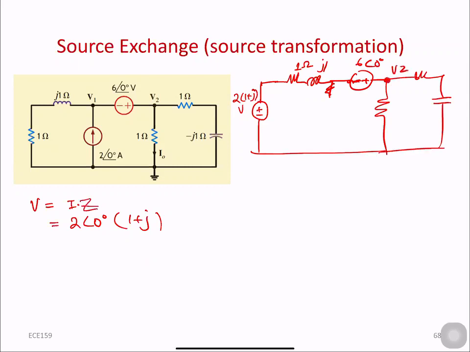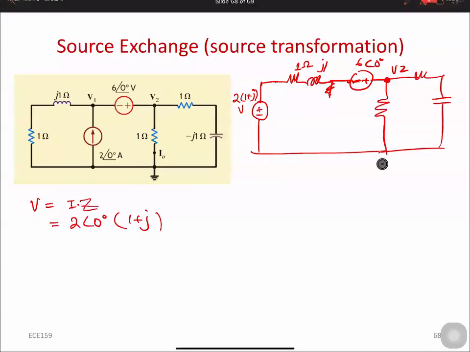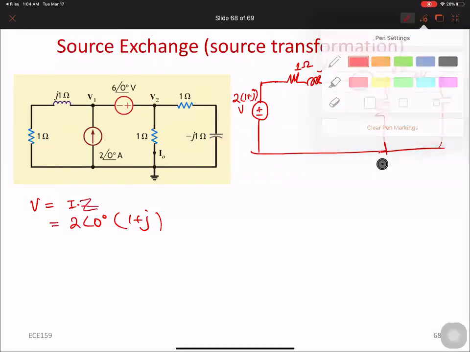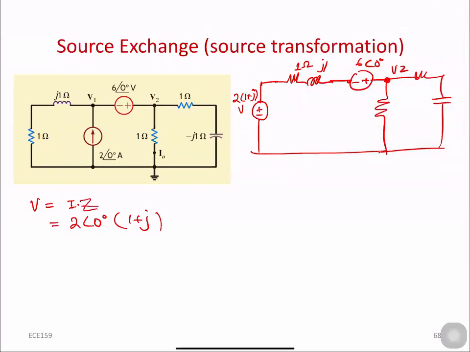This is V2, right? Okay, so what we can do is simply add these two voltage sources. So we have this voltage source, 6 angle 0. Let me make it a little neat. We have this source and we have this source. We can simply add these two voltage sources, we can add these two impedances, and we can simplify the circuit, right?